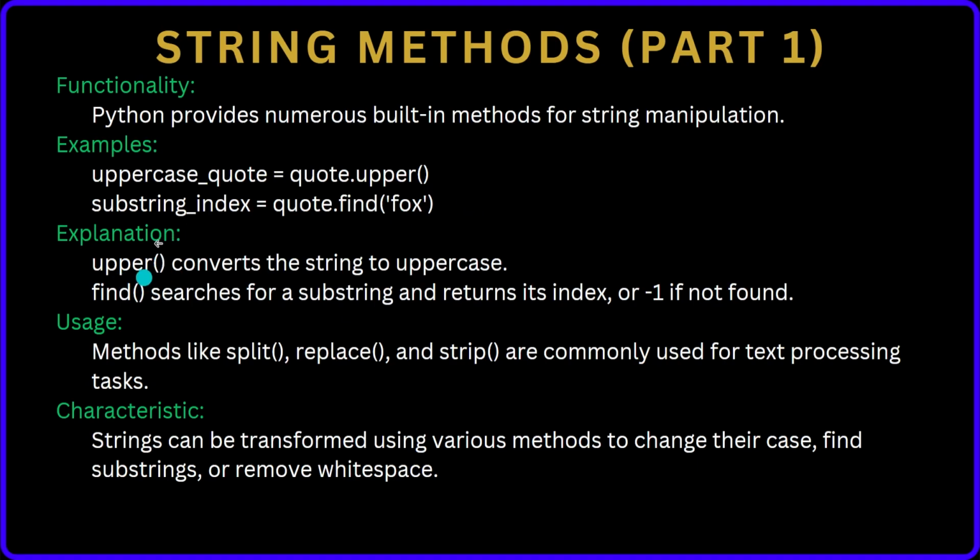Explanation: the string method upper is used to convert the string to uppercase, as I said, and find searches for a substring. What is a substring? Let's see what substrings are. For example, we have a string.